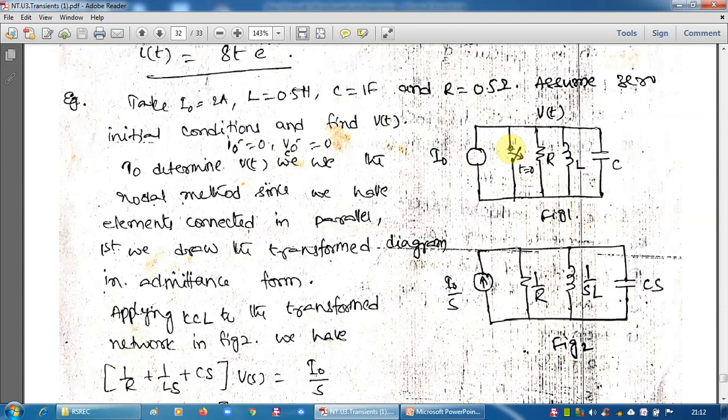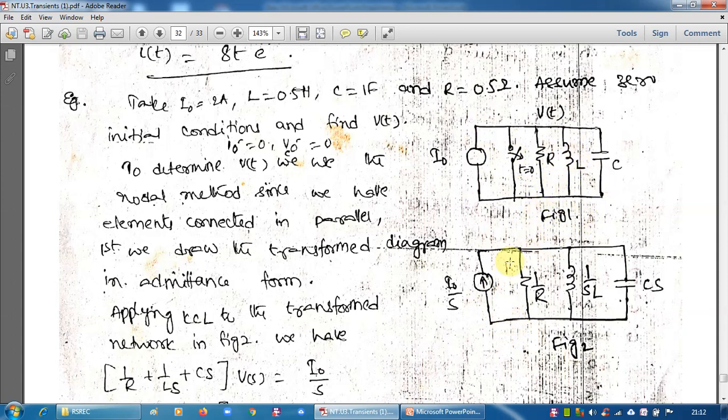If it is closed, that is before t equal to 0, I is shorted like this, so there is no current supply to the elements. At t equal to 0, the switch is opened, removed. Then this I is connected to the circuit. That is the circuit after t equal to 0.